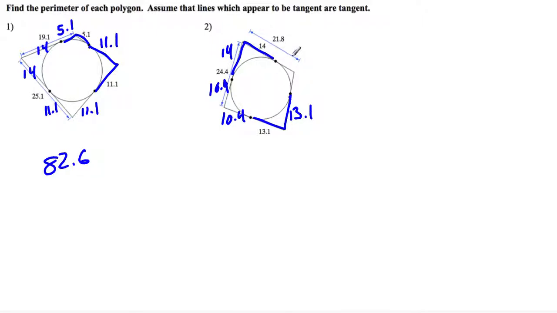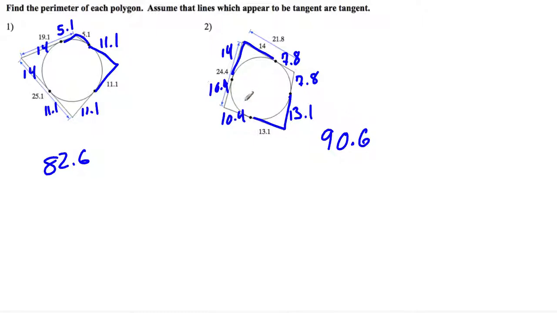And if this whole segment is 21.8, and this segment is 14, then this segment must be the difference, which is 7.8. So this is also 7.8. If we add up all of these together, we will get the perimeter of 90.6.